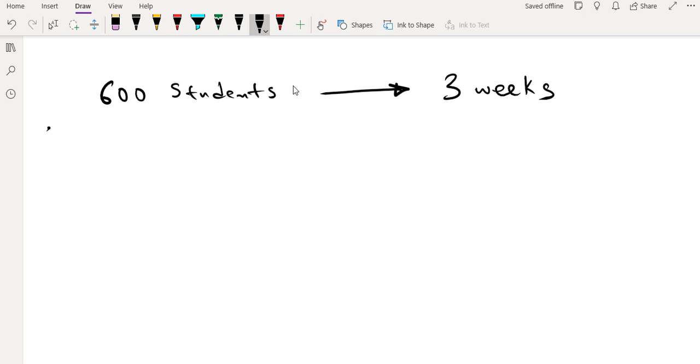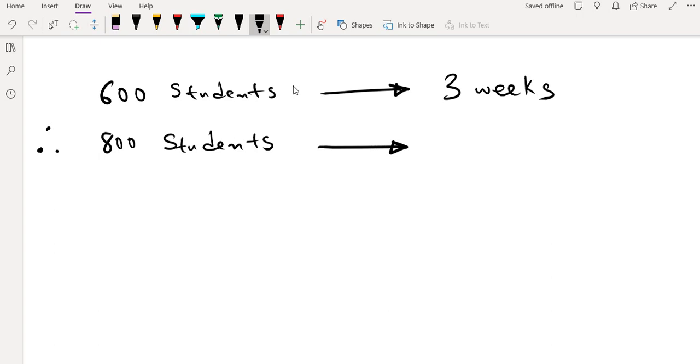So when an additional 200 students were registered into the school, the students will now be what? 800 students equals 600 times 3 over 800.